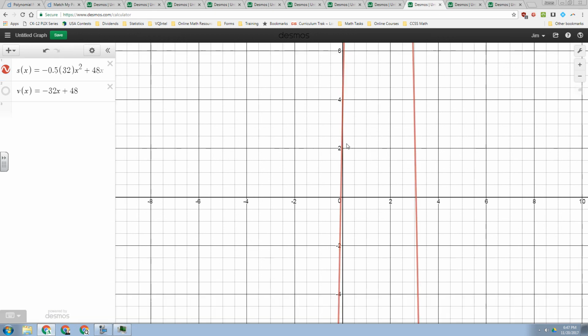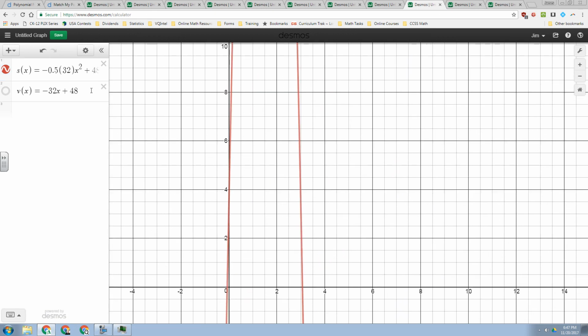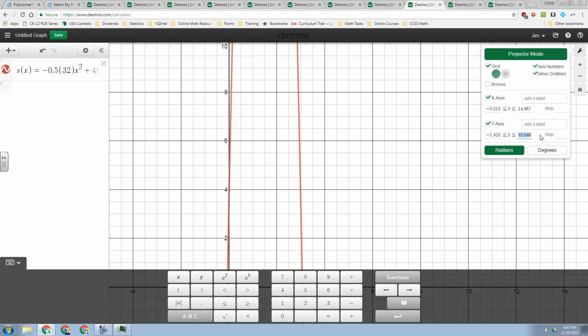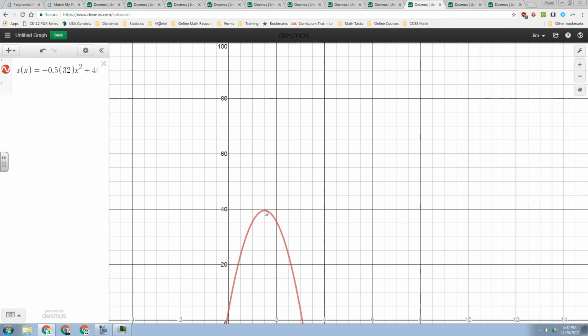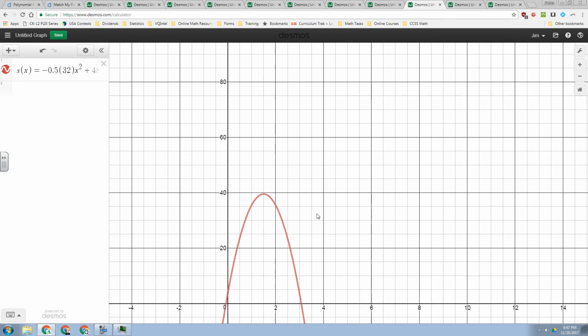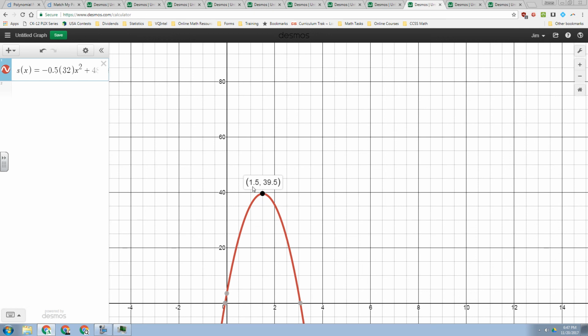And how many seconds will that take? So actually, we don't even need the velocity equation for this problem. So I'll X that out. And so I'll extend my window to there. And there we go. Now x is time. So it takes 1.5 seconds to reach its highest height of 39.5 feet.